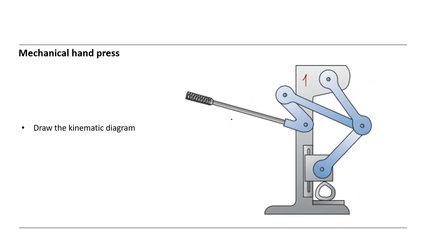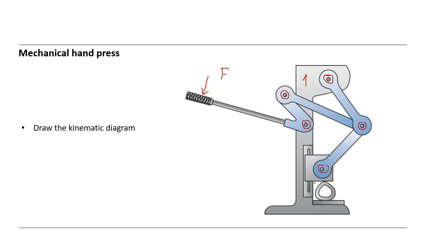Then on this part we apply the motion. The force may be like this. Force here, F, and then what will happen? If we apply the force, it starts to turn around this fixed joint. This is the fixed joint here. And then, because of the geometry of this link, this joint is not fixed, it is connected to this one, and is connected to the fixed one here, and is also connected to this one.